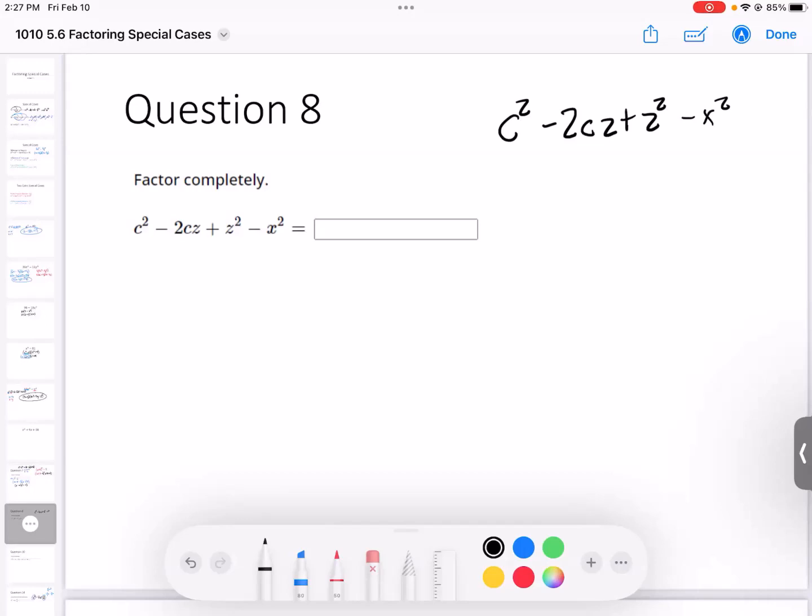However, if you split it up into 2 groups, this one would have a c in common and you'd get c minus 2z. But this one doesn't have anything in common, so you'd get plus 1 times z squared minus x squared. But this parentheses stuff doesn't match each other, so you couldn't do factoring by grouping.